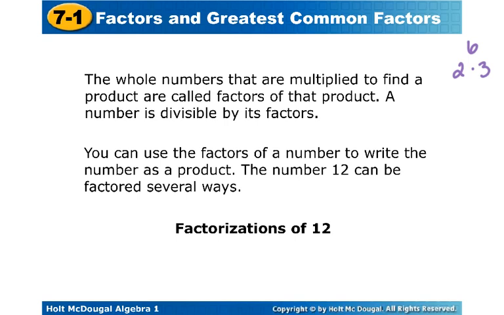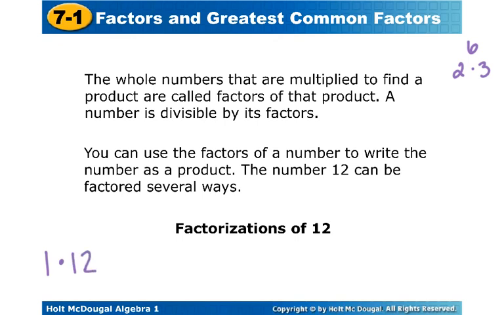You can use the factors of a number to write the number as a product. So exactly like I did with 6 up there. The number 12 can be factored several ways. So think about the different multiplication facts that you know that give you 12 as your product. So let's list them. So the first one, you could have 1 times 12. That's probably the most basic one.